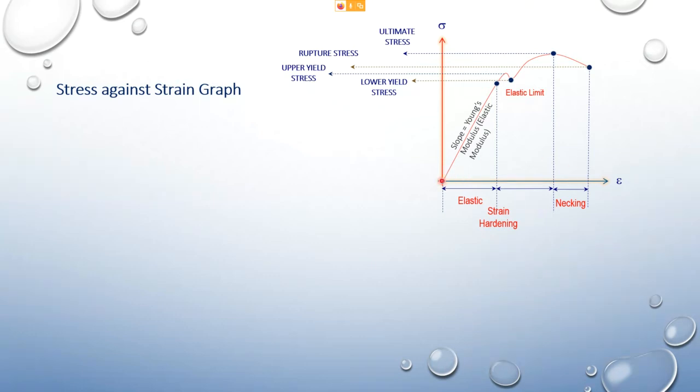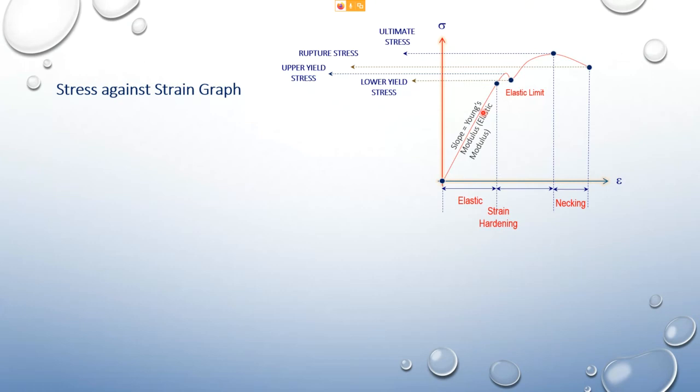So remember, the most important thing is we know that this part here is the Young's modulus, the slope of this graph. Now this E value, the Young's modulus, is known as a material constant.